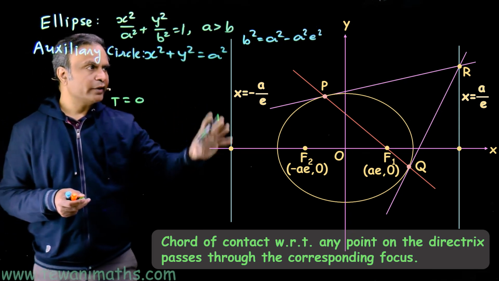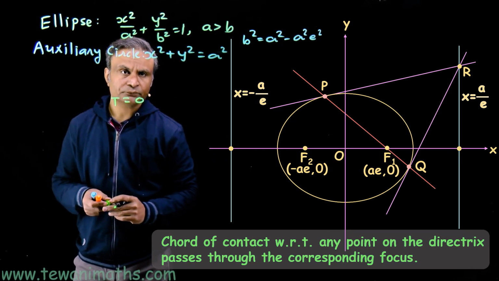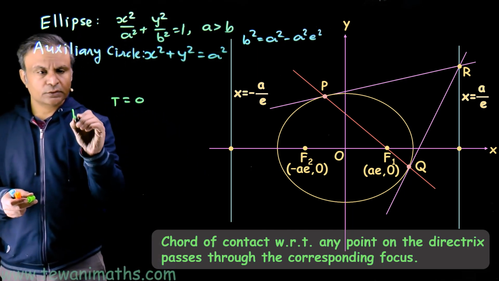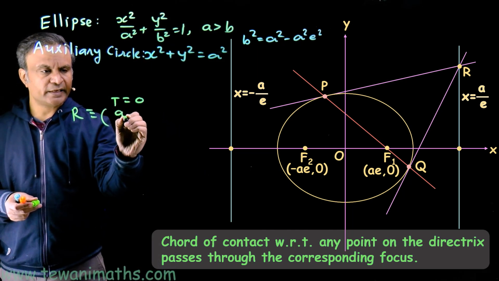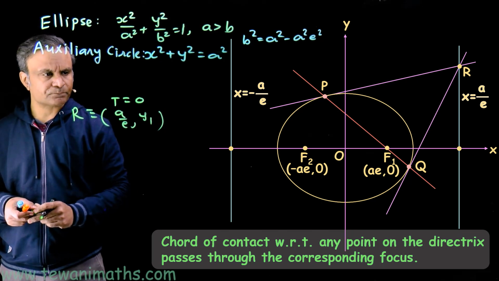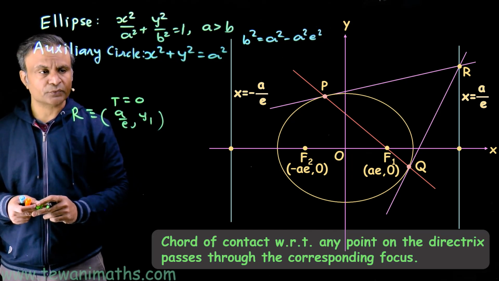Now, here we have point R in consideration. What will be the coordinates of point R? क्या होंगे point R के coordinates? Coordinates will be a upon e comma y1. Abscissa is fixed, a upon e. Ordinate is variable. Okay, here y1 is variable.